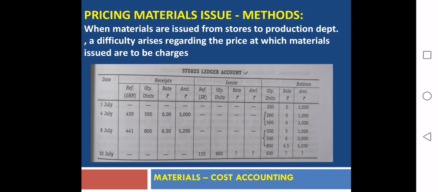For better understanding, just observe the stores ledger on the screen. In the month of July, on 1st, 4th, 8th and 10th July, transactions are given and recorded in the stores ledger, which is maintained by the in-charge of the stores.